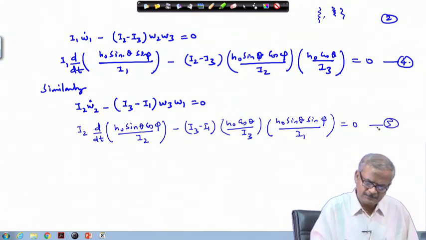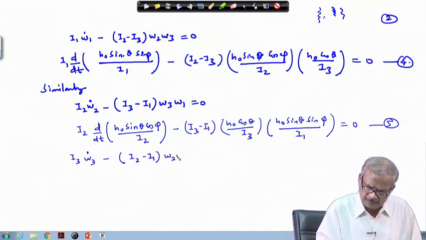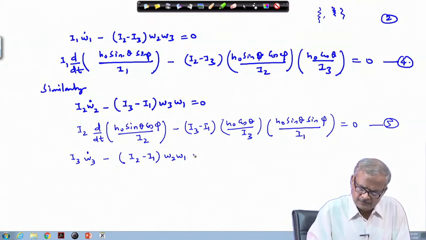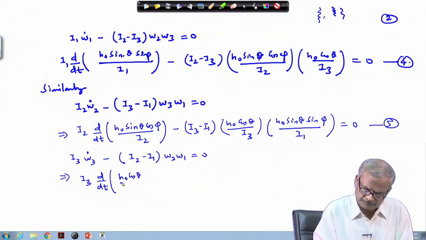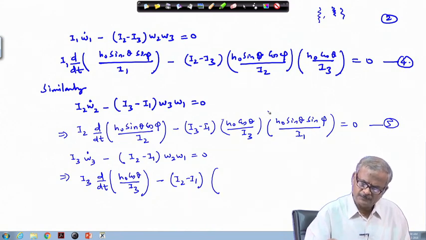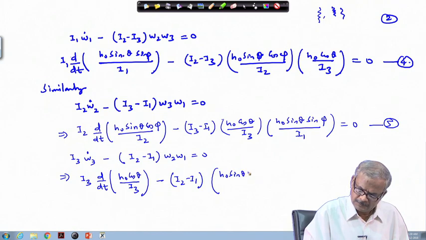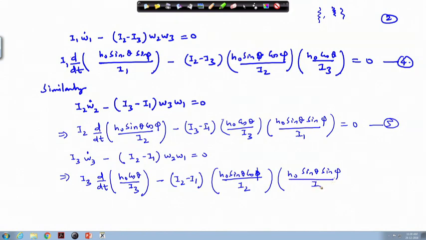So, this is our equation number 5. In the same way I 3 times omega 3 dot equals 0, and this implies, picking up omega 2 from this place, cos phi, this is equation number 6.